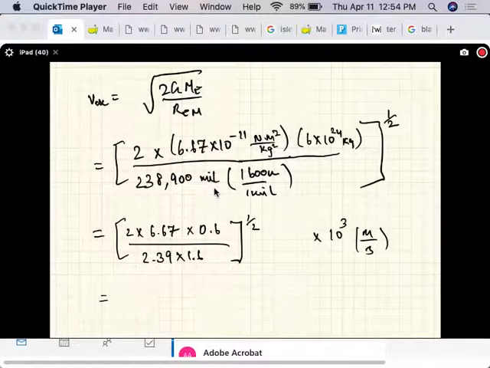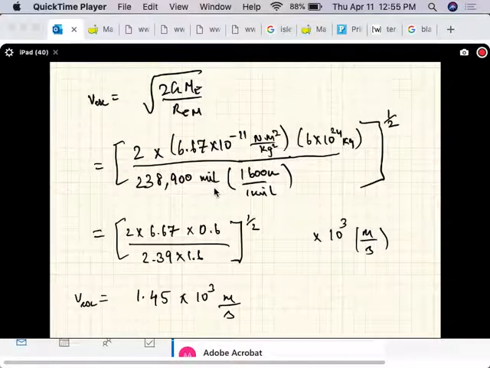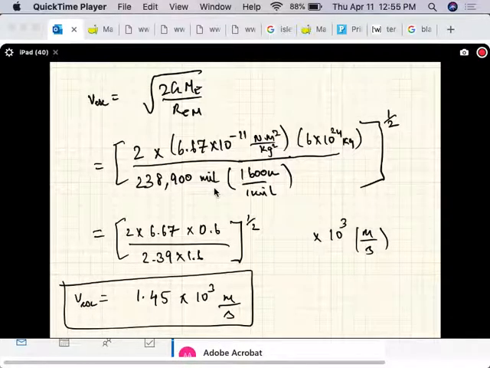All right, so let's find this value. Okay, so what this is saying is the escape velocity is 1.5 kilometers a second.